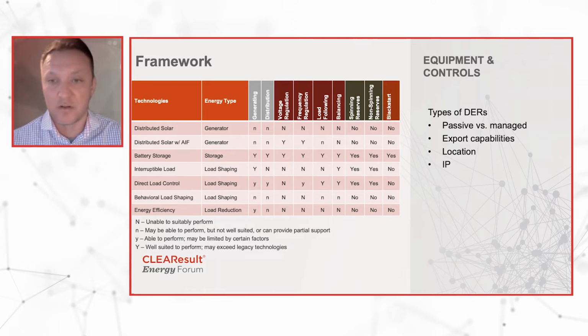And probably most importantly, what is the data like? Are there intellectual property concerns with integrating these resources? The list on the left here covers the physical technologies themselves by category and explains some of the key grid functionality that's important to consider as you think through that list of equipment and controls considerations.